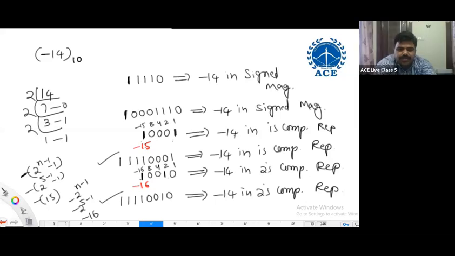Anyone else have doubts? Dinesh Roy, your wish, whichever is comfortable to you. Sai Banawat, please try on your own. Okay, someone is raising hands.